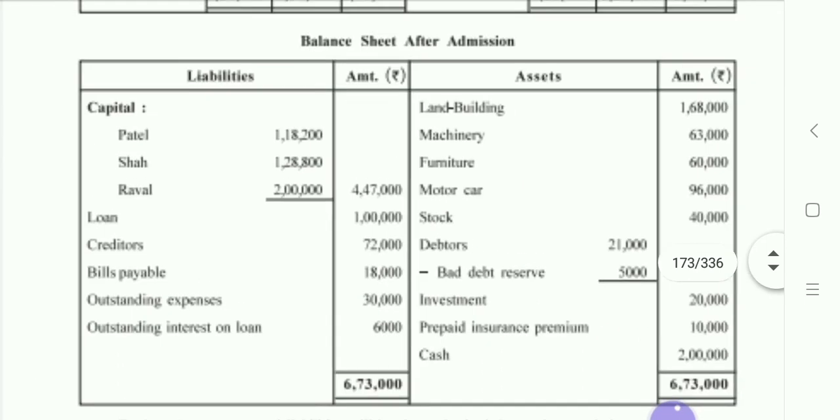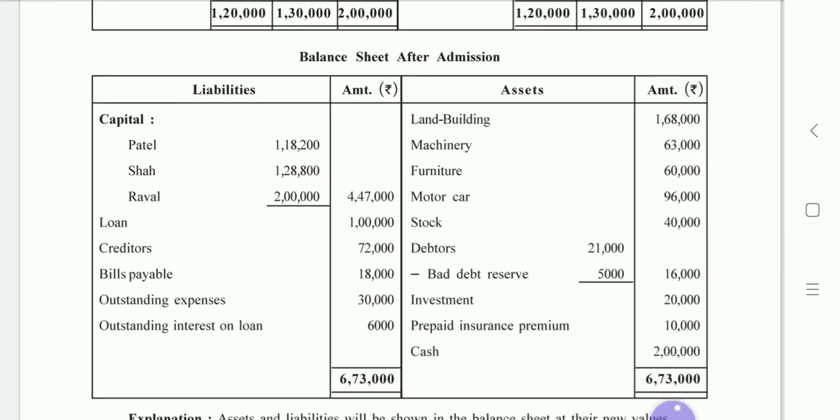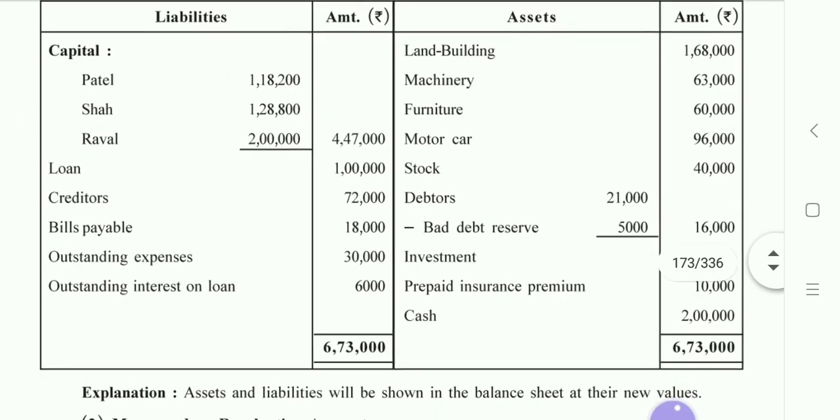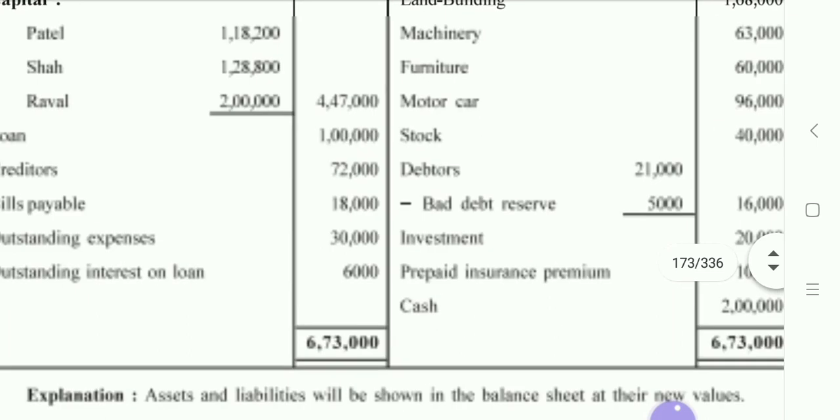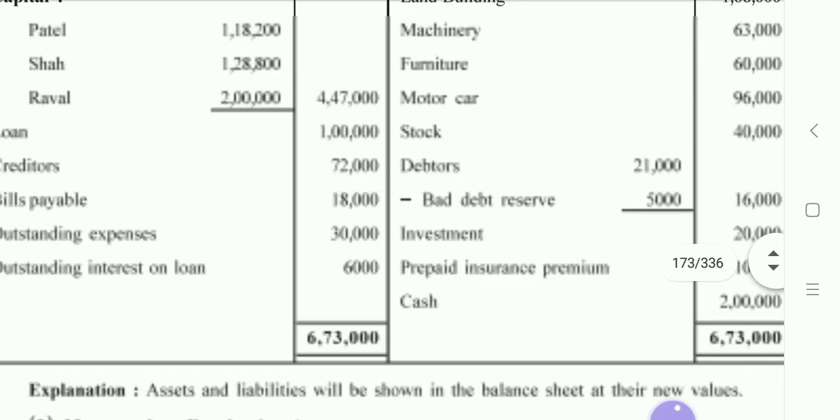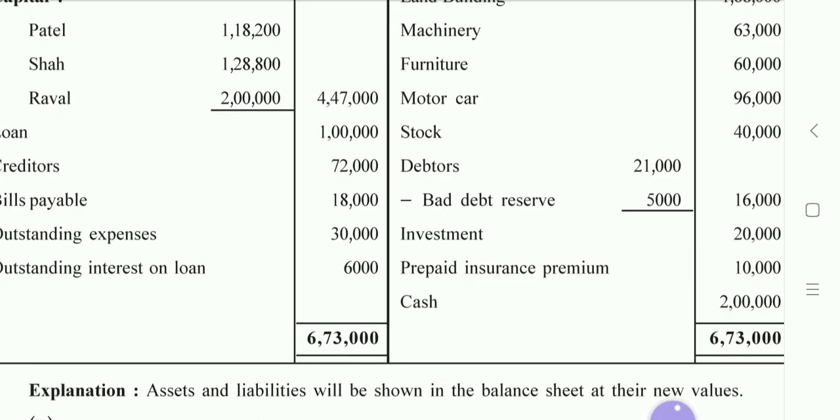In short, you are going to write all the new balances in the balance sheet. And I repeat, the items which do not have any adjustments attached, they are to be written as it is. The book value is to be written in the new balance sheet itself. Now talking about the amount of cash, which is 2 lakh, which does not appear anywhere in the old balance sheet.